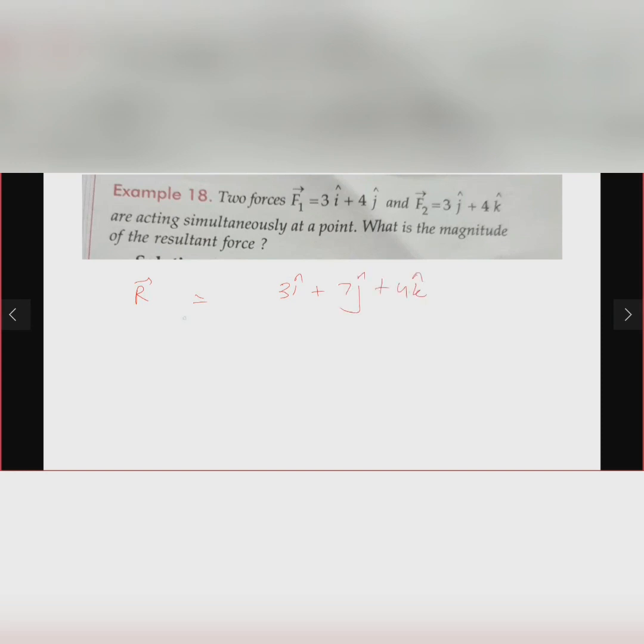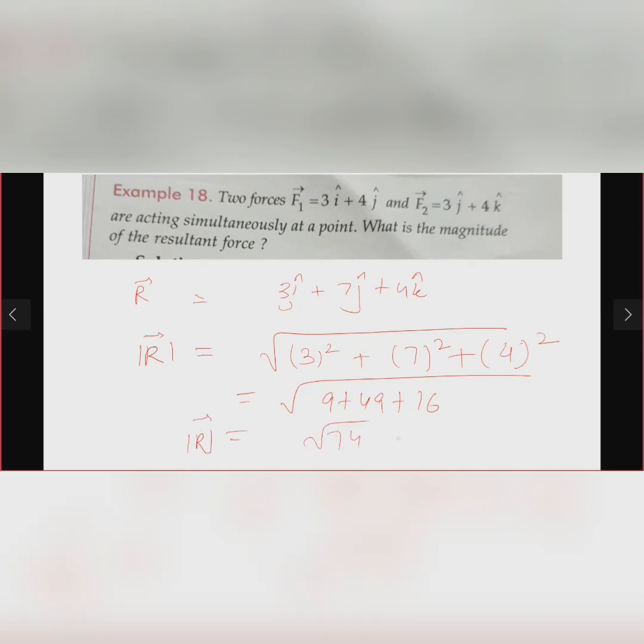So this is our vector, and the magnitude of this vector would be under root x component square plus y component square plus z component square. So 9 plus 49 plus 16. 49 plus 9 is 58, plus 16 is 74. Under root 74. So this is these many units.